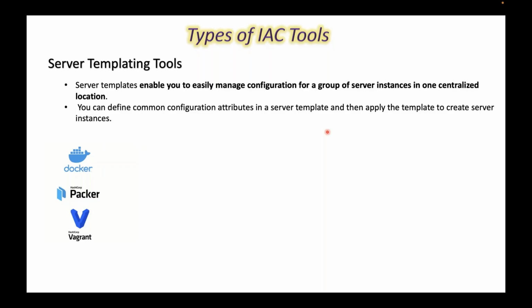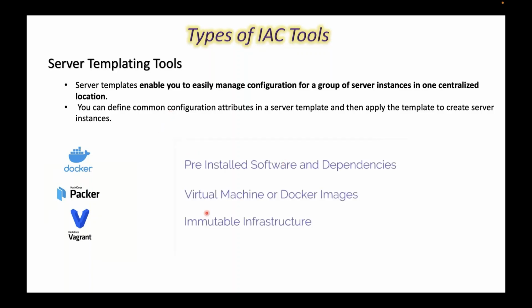From that we can create multiple resources. That is the templating tool. What is a template? From one particular thing we make many copies. These are also IAC tools, and mainly it is the immutable infrastructure.